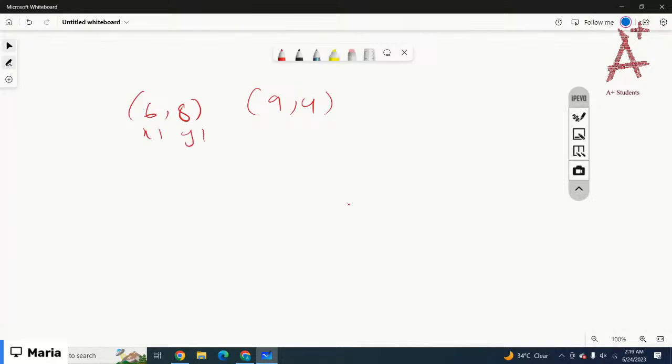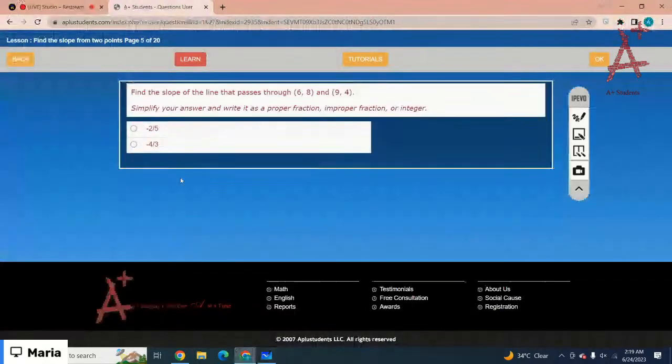So they are x1, y1, x2, y2. y2 minus y1 and x2 minus x1. 4 minus 8 is negative 4, and 9 minus 6 is 3. So the slope is negative 4 over 3. Got it? So the slope of the points (6, 8) and (9, 4) is negative 4 over 3.